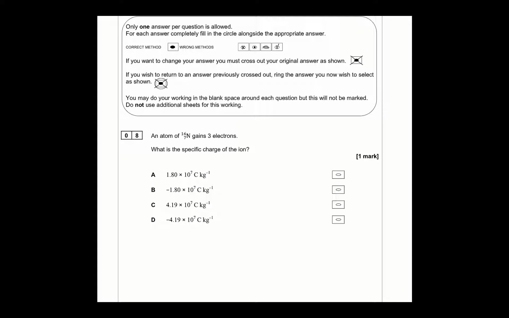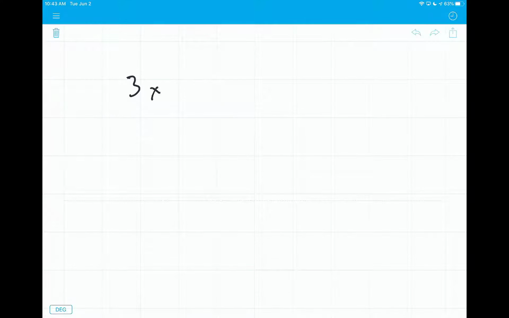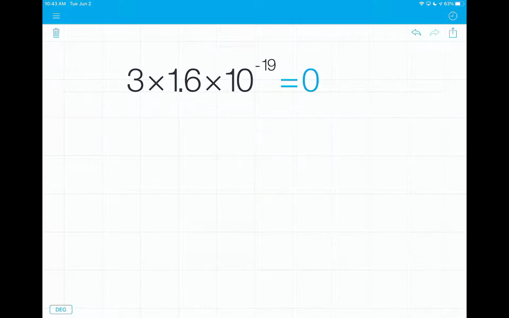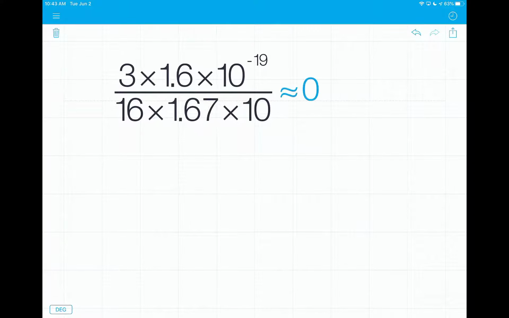And it'll all end up being negative. So the excess charge is 3 times 1.6 times 10 to the negative 19. Okay, and that all is going to be divided by 16 times 1.67 times 10 to the negative 27.